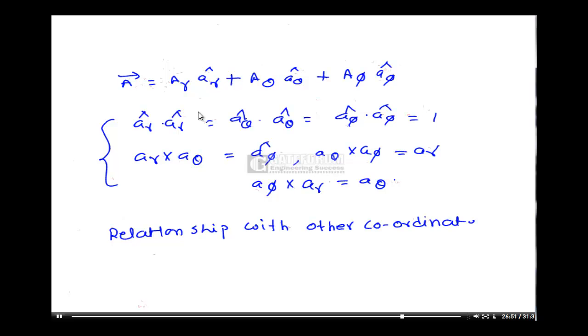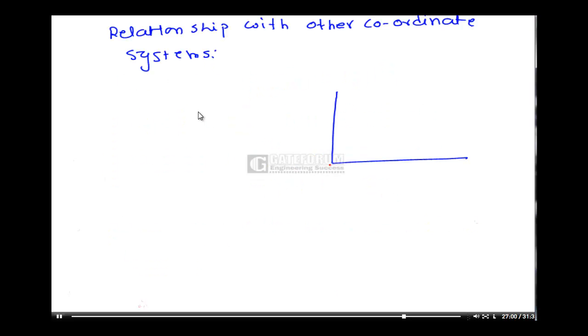This is phi, this is z only, this is rho. So this is rho means this is also rho. This is point P in all coordinate systems. Now r is nothing but the distance from 0 to that point. So this is 0, 0 to r, this is r, and this is theta.